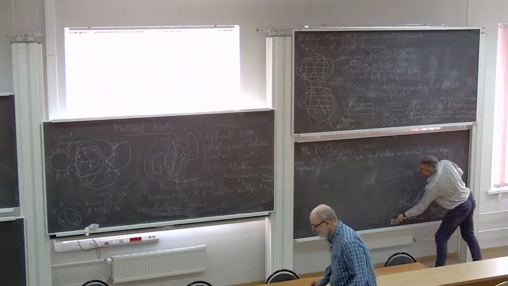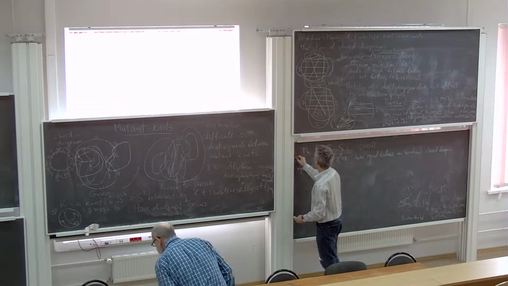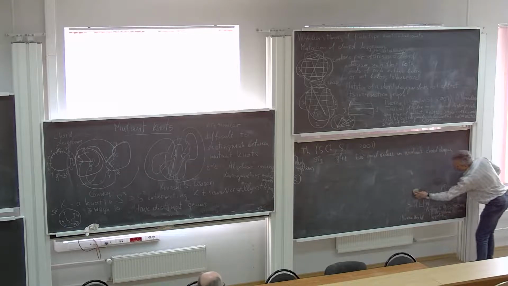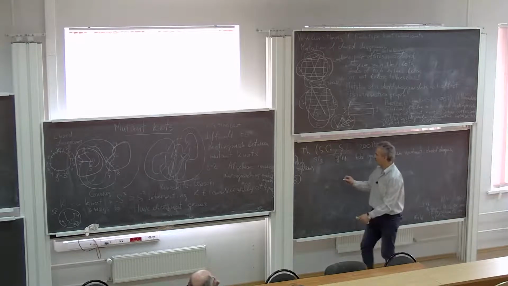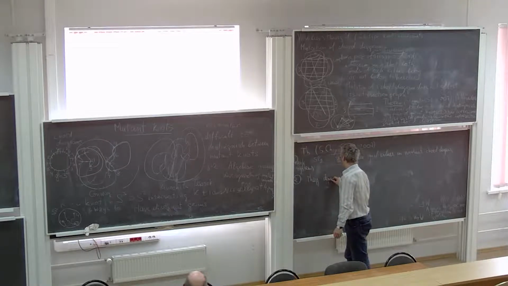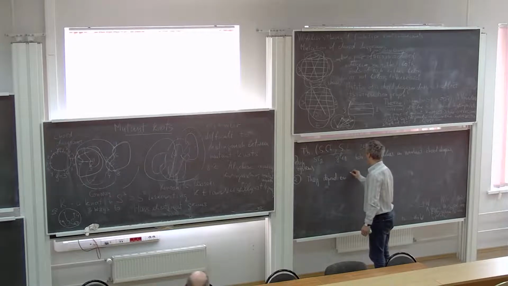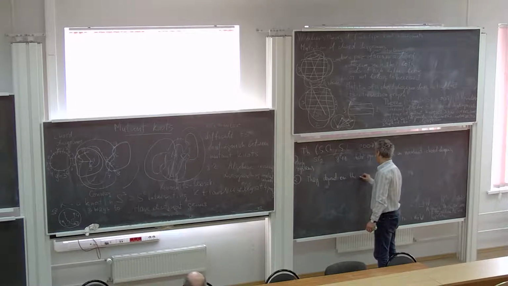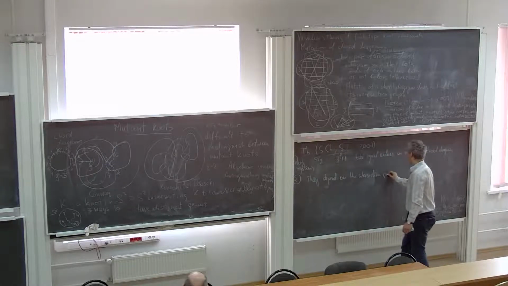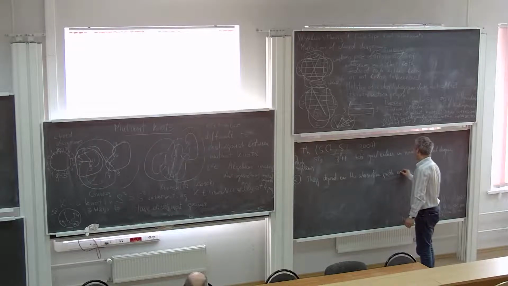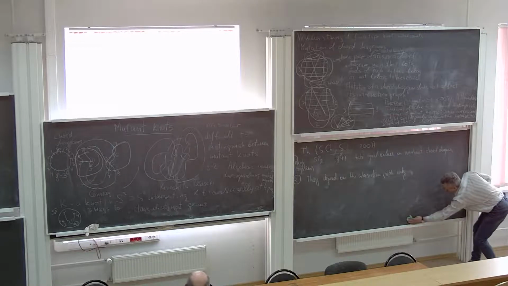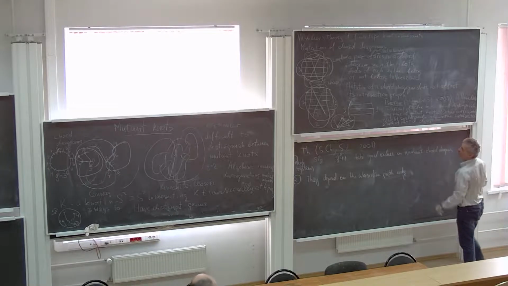And as a corollary, they depend only on the intersection graph. The second part is a corollary of the first one by this theorem.